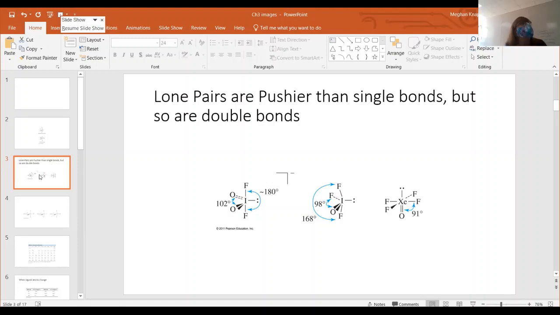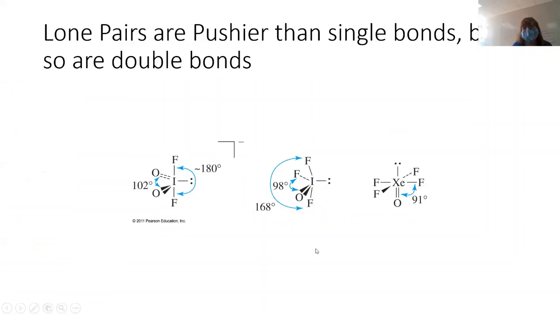All right, so we had talked a little bit about reminders from freshman year with VSEPR theory. This is using the trigonal bipyramidal class as an example.